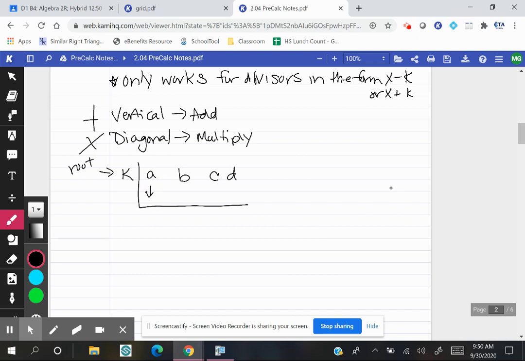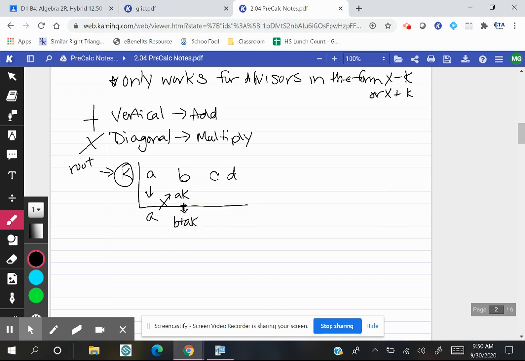And first we bring down our a, and then so that's going down, and then we go up, so that's our diagonal, so we multiply a times k. You're always multiplying by this number out here on the outside. Then we're going down our vertical pattern. Think you can make a plus sign from the vertical, so you would do b plus a k.